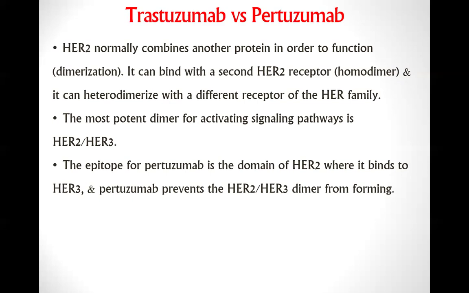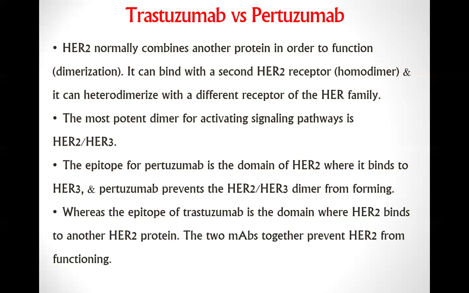It binds with a domain on HER2 which is responsible for making a dimer with HER3. Now, in case of Herceptin, or trastuzumab, it binds with a domain which is responsible for making a dimer with another HER2. As I mentioned, the dimers made are different on the same cells. HER2 with HER2, homodimer; HER2 with HER3, heterodimer, most potent.